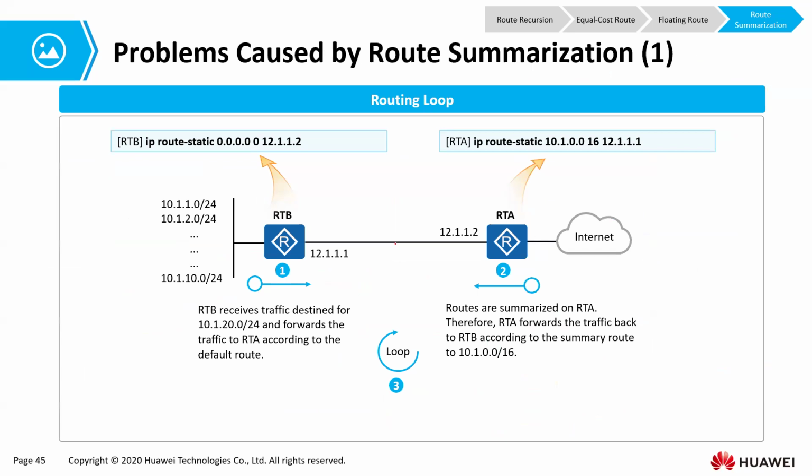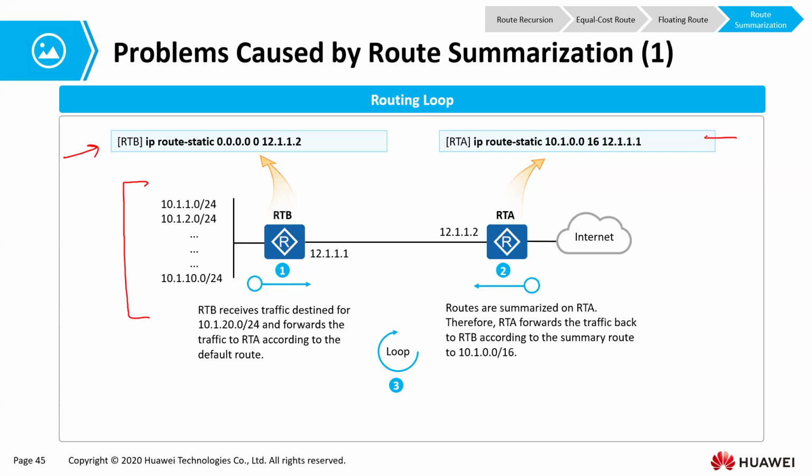Problems caused by route summarization: with route summarization there can be loops. In this example we can see how a loop is created. We have networks here, and a default static route configured.